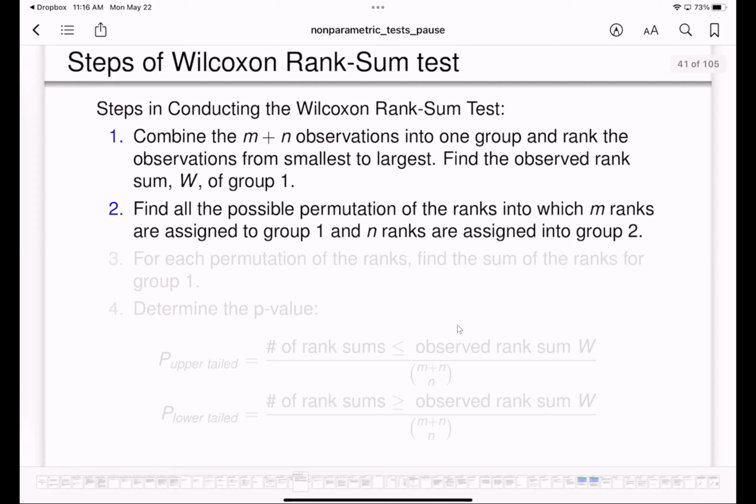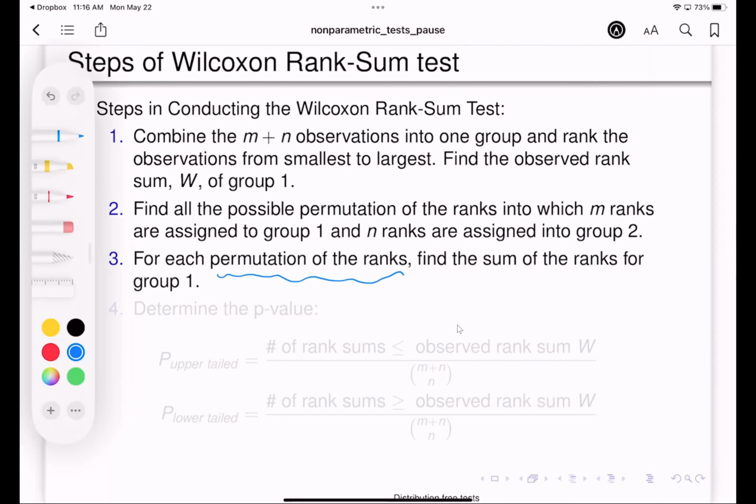Say we have m observations in the first group and n observations in the second group. We would consider all possible ways of assigning the ranks to these total of m plus n observations. This is not considering any hypothesis or any data, just all possible scenarios. I will illustrate that soon in an example. We call these all possible ways of assigning the ranks a permutation of the ranks. It will soon be clarified on the next couple of slides.